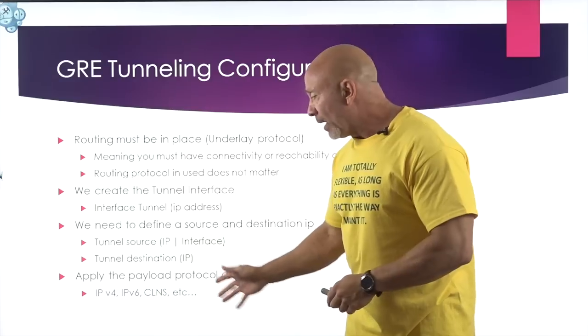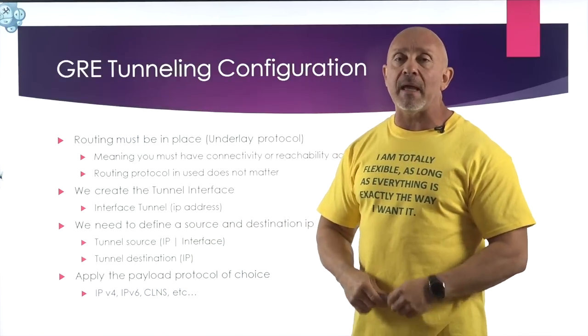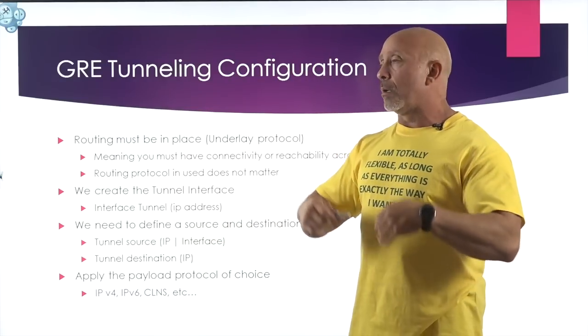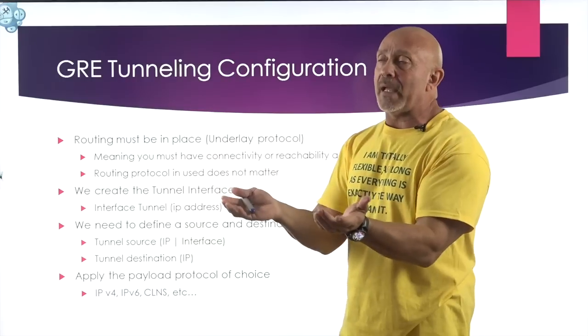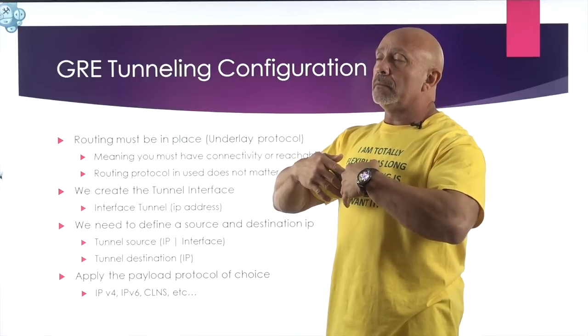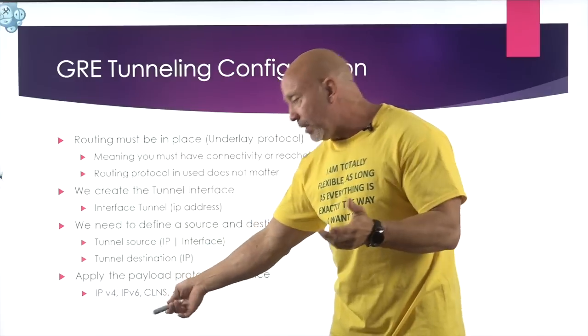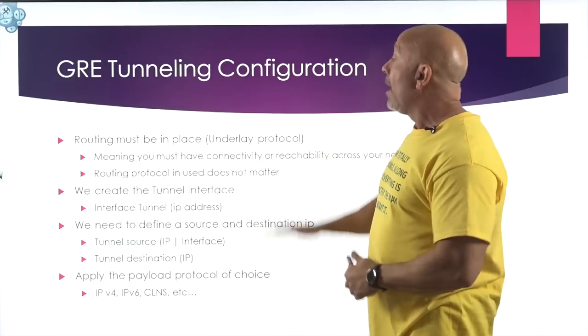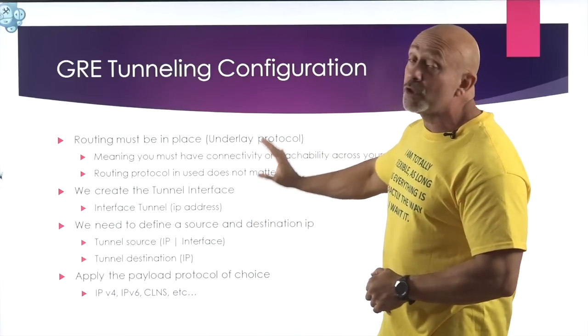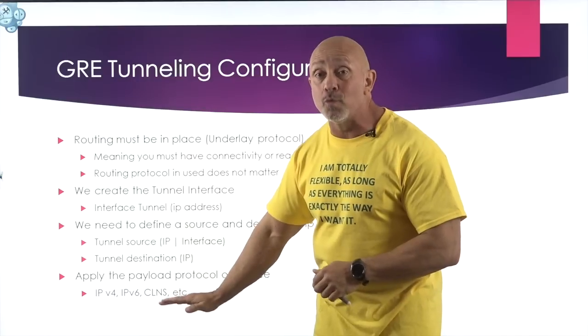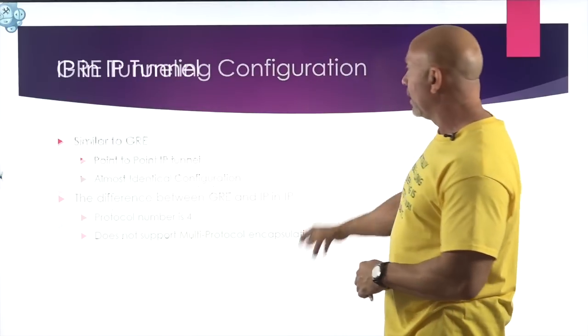The payload, obviously, is, hey, are you pinging over there? Or are you sending it to any type of remote desktop, whatever it is, okay? Normally, it's just IPv4 or IPv6, or what have you. But this will work for GRE because it supports all those routed protocols.